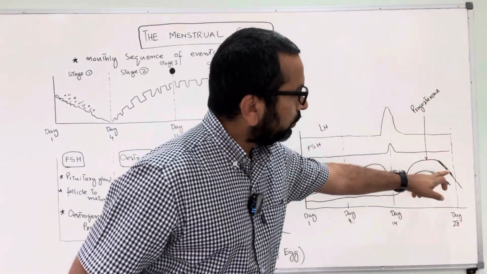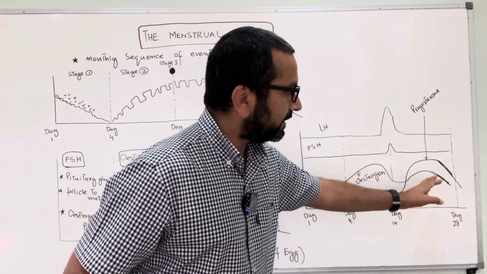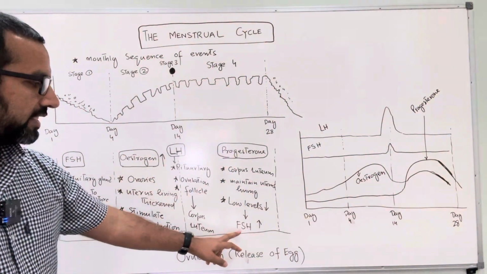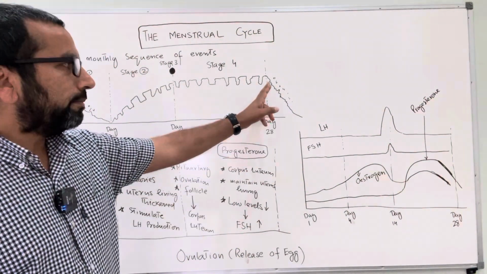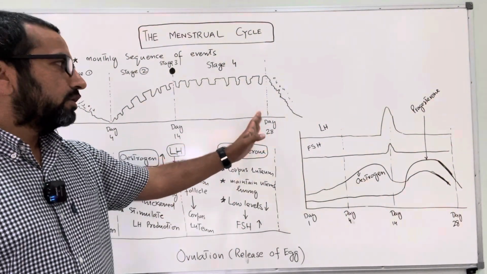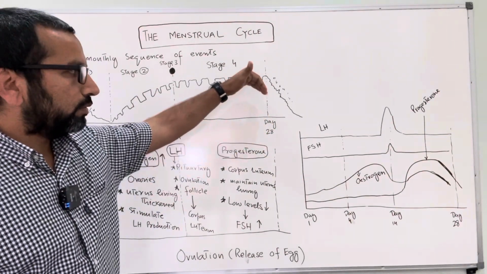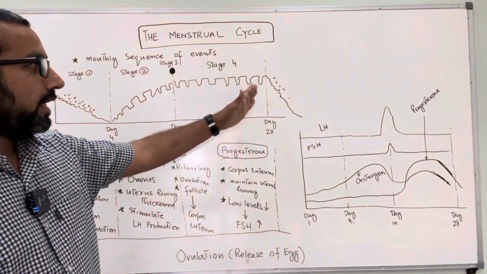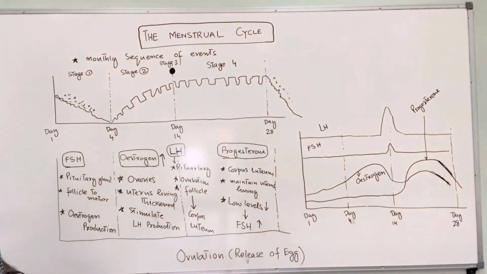So when these hormone levels, mainly progesterone, decrease and estrogen level decreases, the FSH levels will increase, and that is involved in the breakdown of the uterus lining. So if there is no fertilization by that time, the FSH level will increase and break down the uterus lining, and the second cycle will start after day 28.